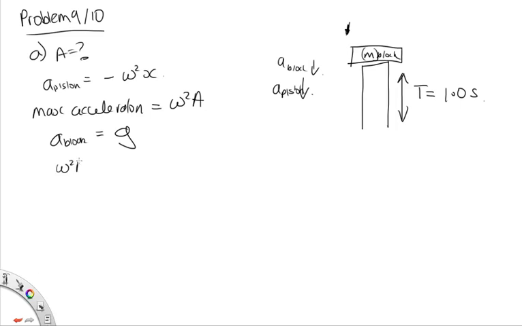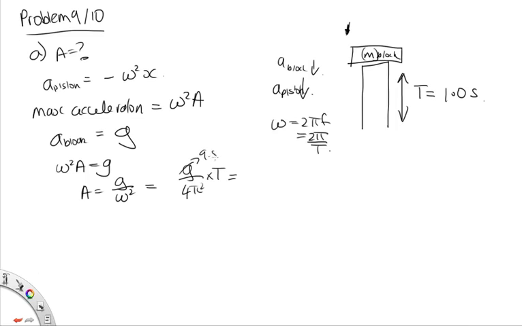So we've got omega squared a is equal to g, and so the amplitude is equal to g over omega squared, which is equal to g over, now we've got omega is equal to 2 pi f, which is 2 pi over T. So this is 4 pi squared over T squared. So solving this on the calculator, g is 9.8, T is 1. So putting that on the calculator, we get 0.25 meters.